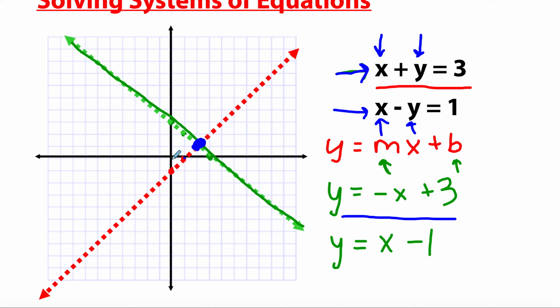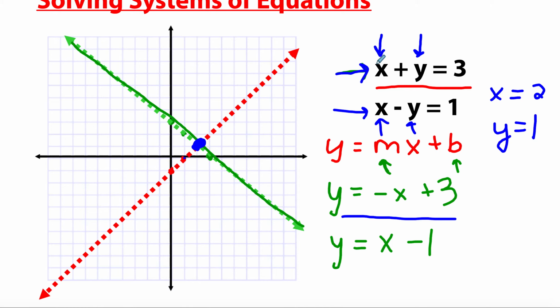It looks like this is about where x equals 2 and y equals 1. So it looks like if I just graph these lines, the point where both of these statements would be true, where x plus y equals 3 and x minus y equals 1, is where x is 2 and y is 1.